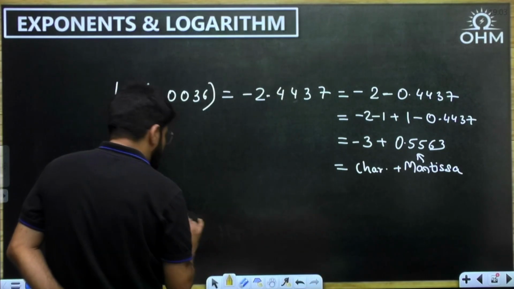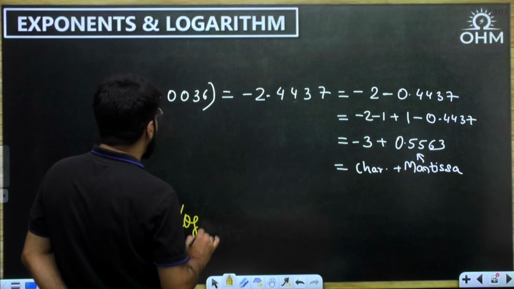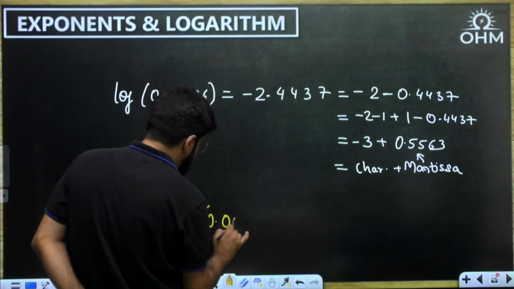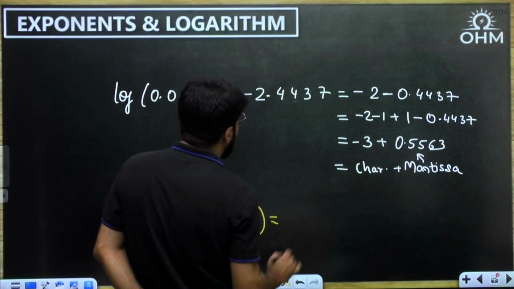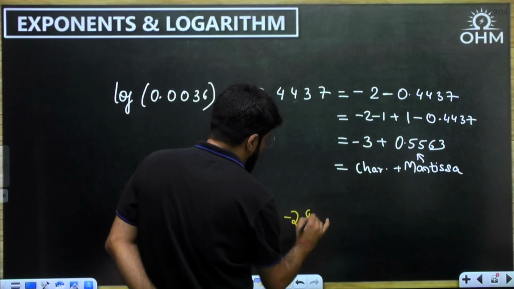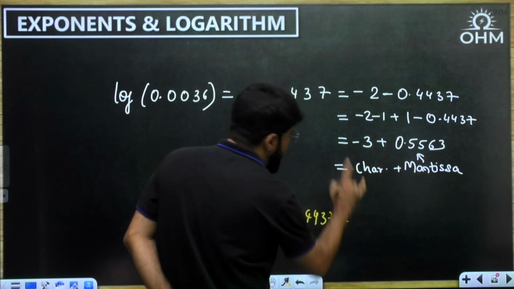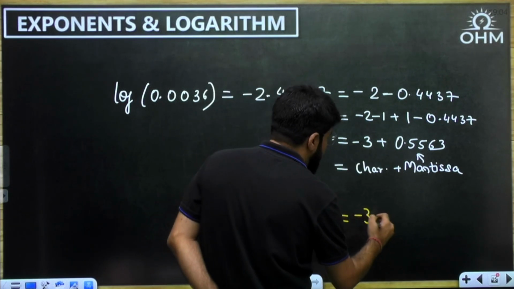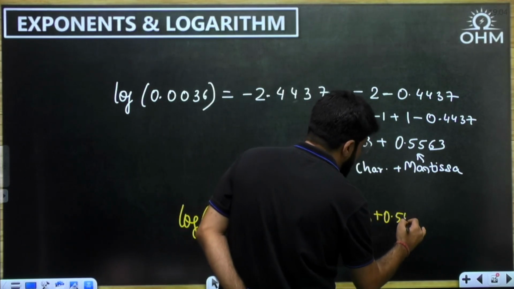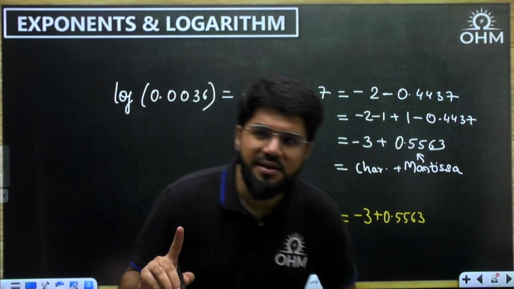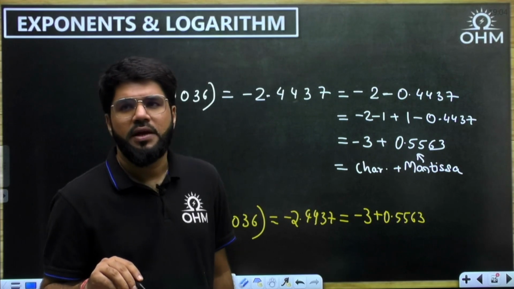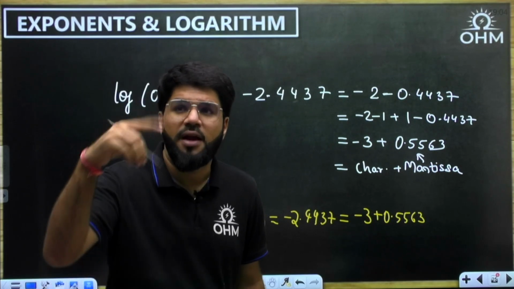Now let me write down the answer again: log of 0.0036 is minus 2.4437. Breaking into characteristic and mantissa, it is minus 3 plus 0.5563. Now, dear, note, whenever the characteristic is negative, it is commonly expressed by putting a bar over it.